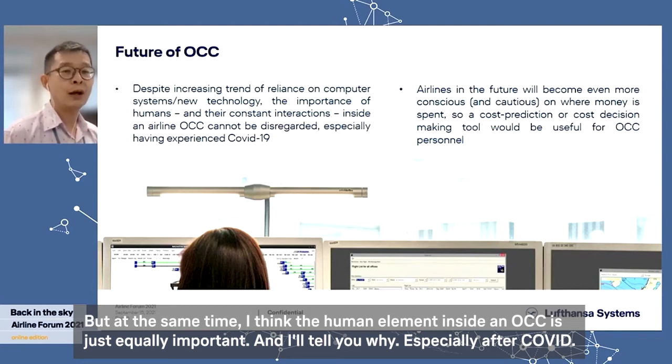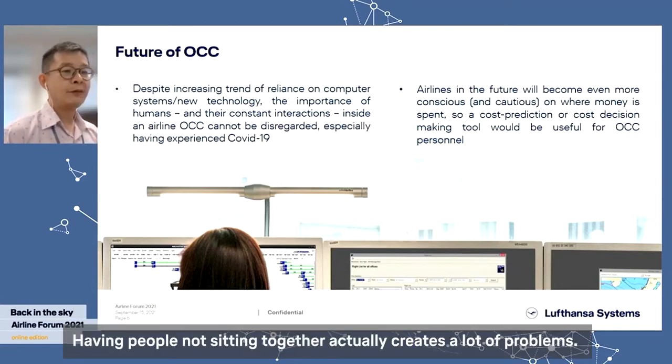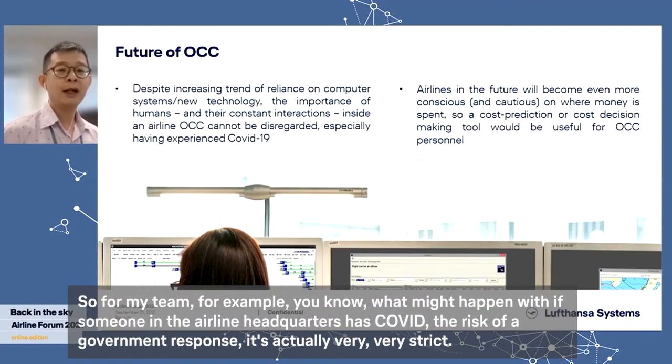And I'll tell you why, especially after COVID, having people not sitting together actually creates a lot of problems. So for my team, for example, because of what might happen if someone in the airline headquarters has COVID, the government response is actually very, very strict.